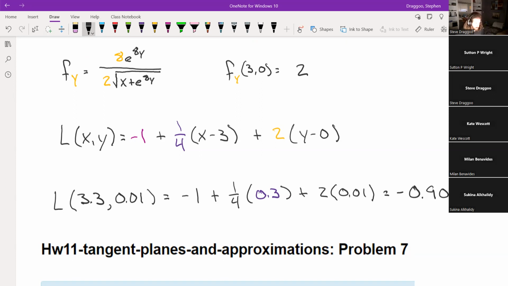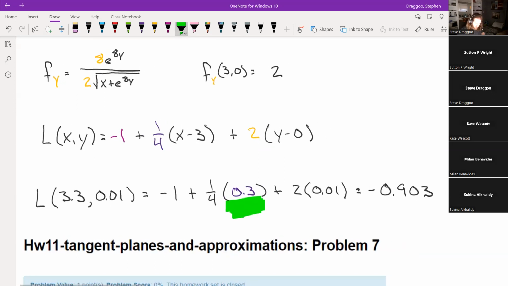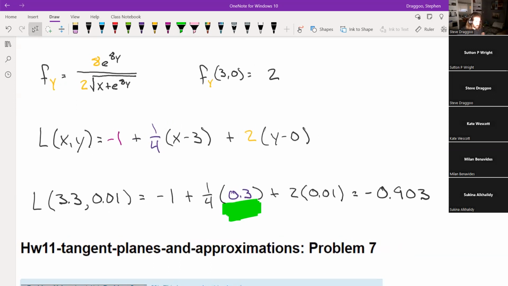Speaking of which, I have a question. Why is it 0.3 instead of 3.3? Referring specifically to this 0.3 right there. Oh, and probably the floating Zoom message might be cutting off the value I came up with. So yeah, why did that value come out to 0.3 instead of 3.3? That comes from x minus 3.